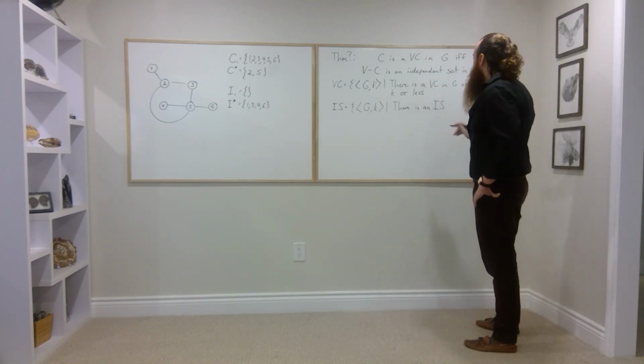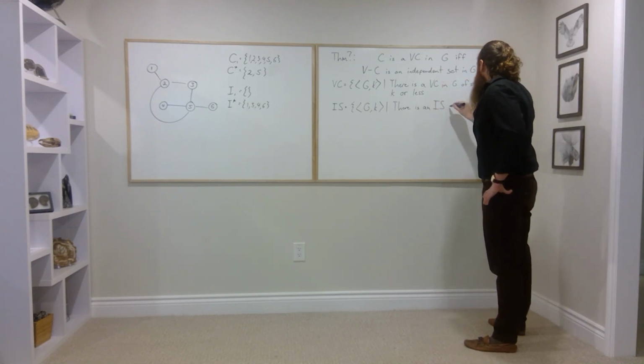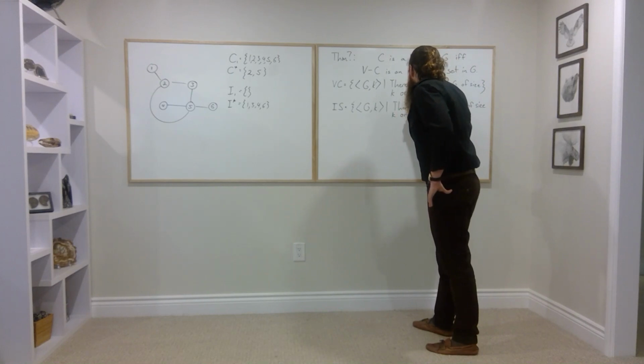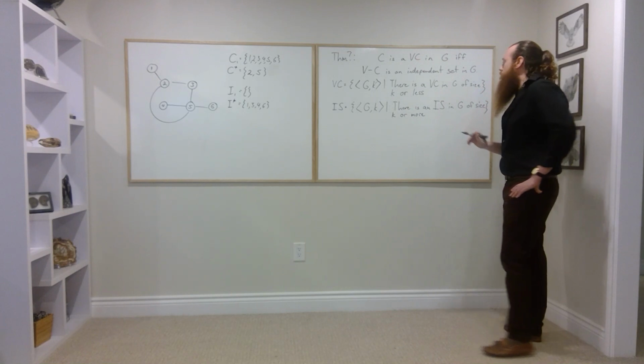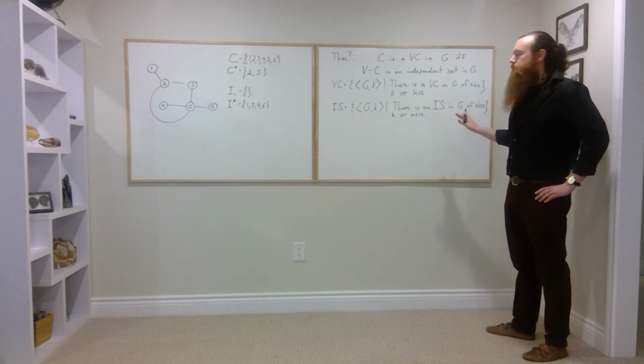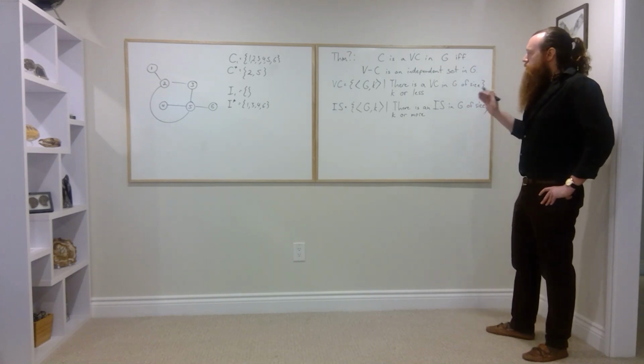I think you can figure out what I mean here. So it is actually or more on this one, because remember, we're interested in finding the largest independent set when we're looking for independent sets. So these are my two problems.